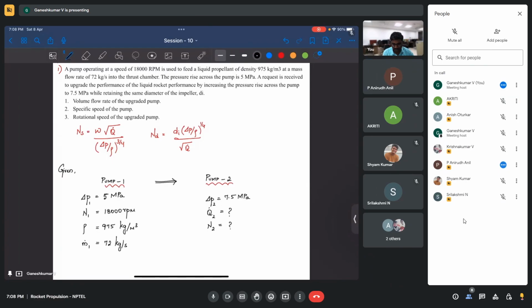So first we find the specific speed with all those values, and then we try finding out the flow rate. Okay, so we use specific speed to find it. First we will find specific speed, and then we will. So you are telling specific speed is going to be the same for pump one and pump two.